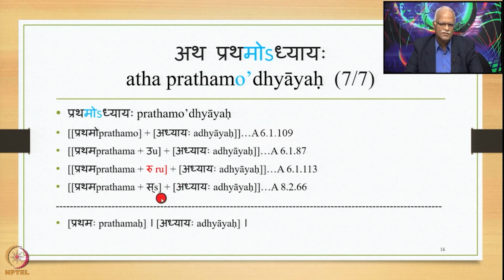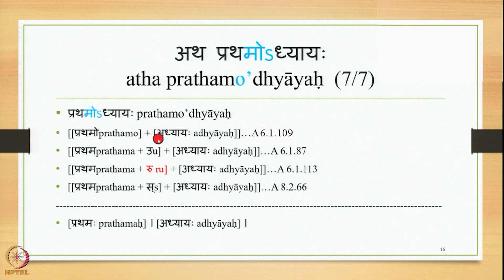Prathama plus Sa plus Adhyayaha generates Ru as the substitute in accordance with 8266. Then this Ru gets substituted by U by 61113. Then this U and this A get substituted by O by 6187, and finally this O and this A get substituted by this O by 61109.